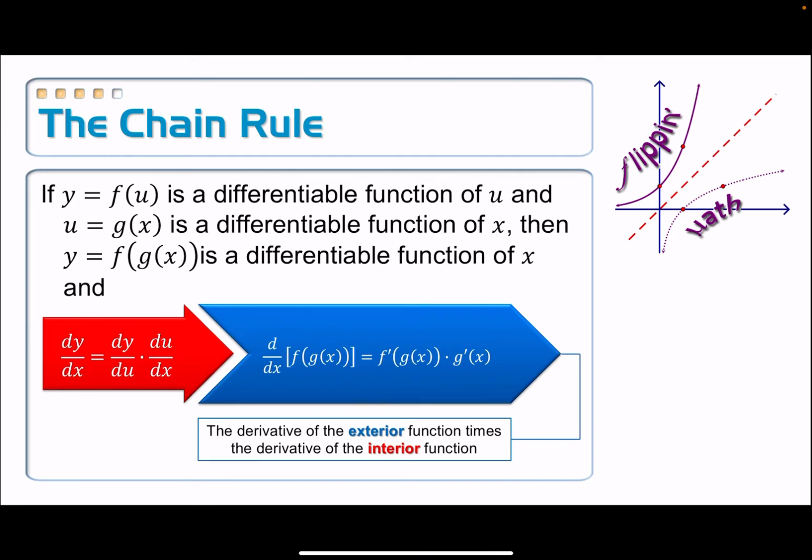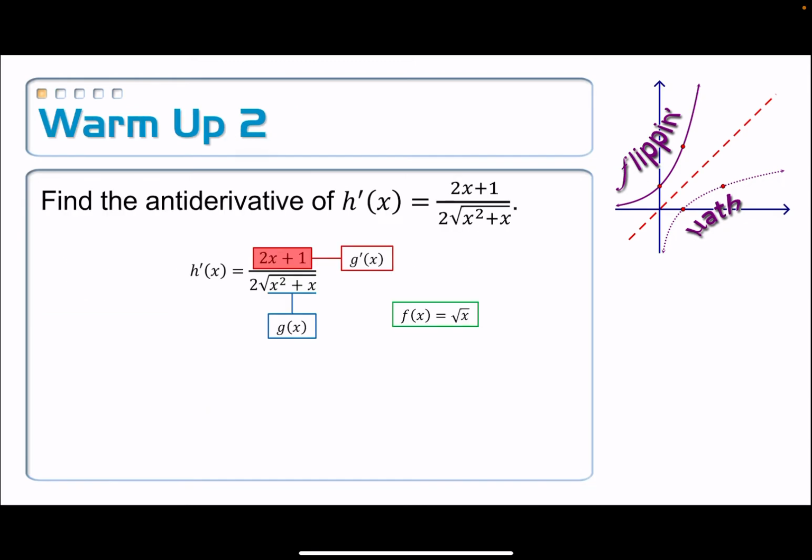So again, substitution. This whole entire lesson is about trying to work this process backwards. We have our equation. I'm trying to find the antiderivative, and it came from the chain rule, right? So here is that all played out. I want to find the antiderivative of h prime of x, and again, I can see this rational function here.